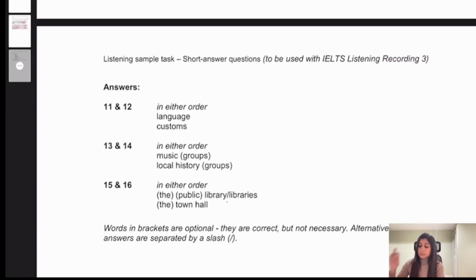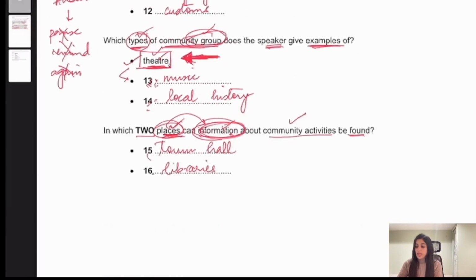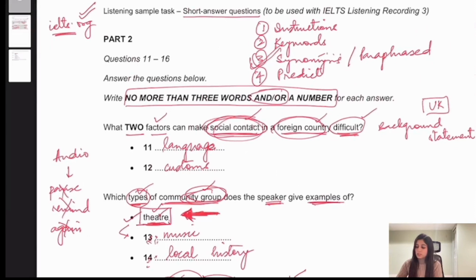These are the answers. Another very important thing in case of such questions where they're asking you for two answers. You can write the answers in any order. What does that mean? Even if you write the answer of 11 as customs and the answer of question number 12 as language, that's also correct.